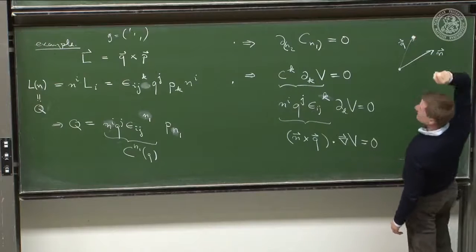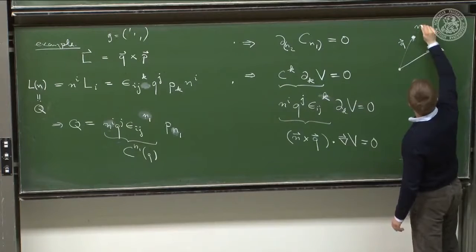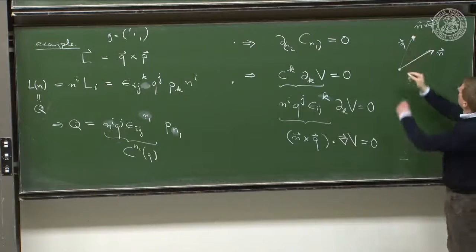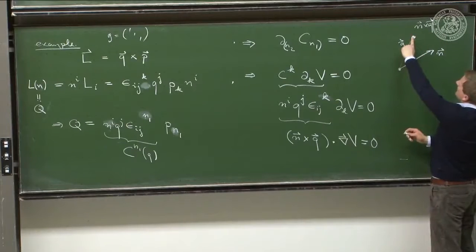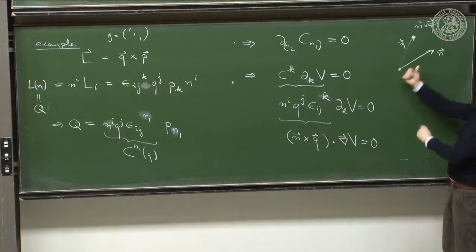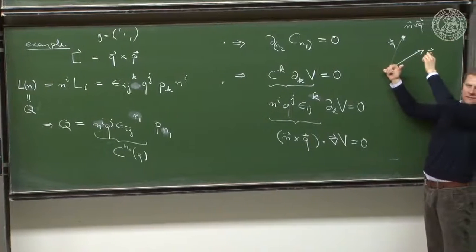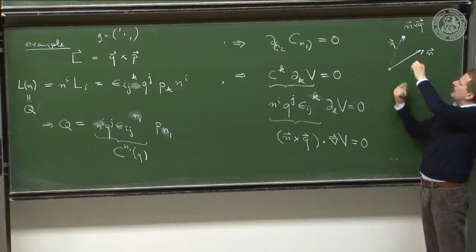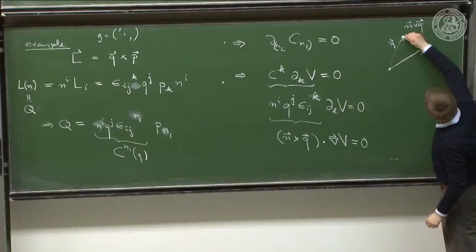So this vector that points right at you is n cross q. You agree? Now if you go to, say, this point here, where my tip is, so out of the blackboard plane, then you have n cross q, and the vector points right down here at this point.